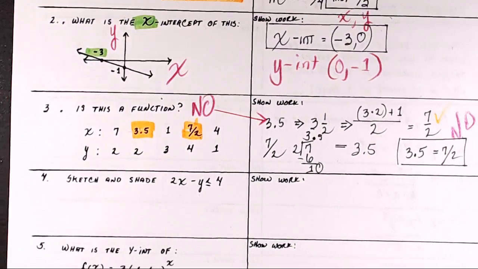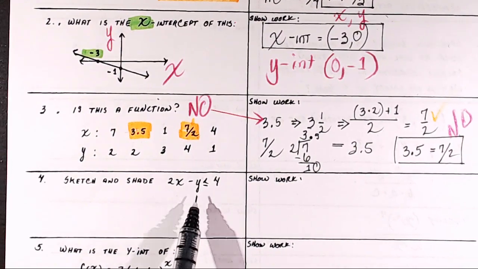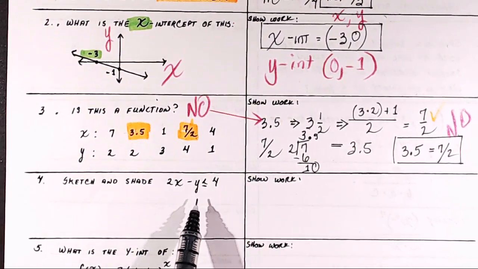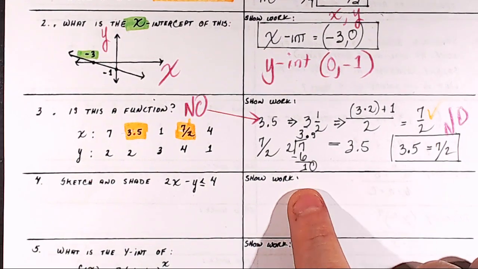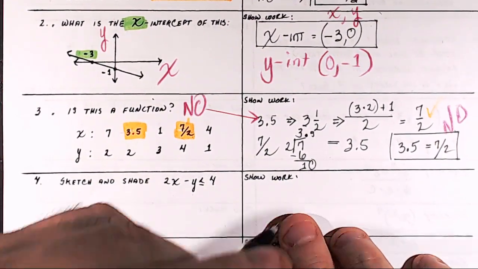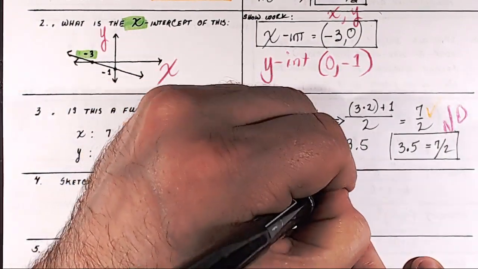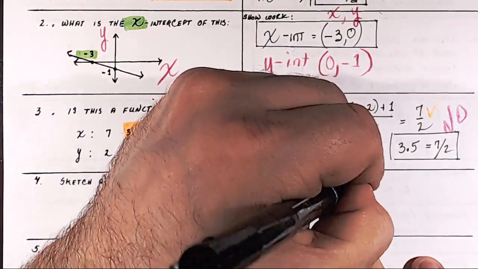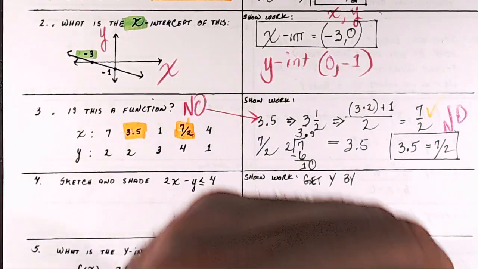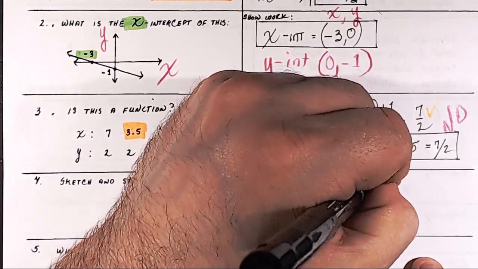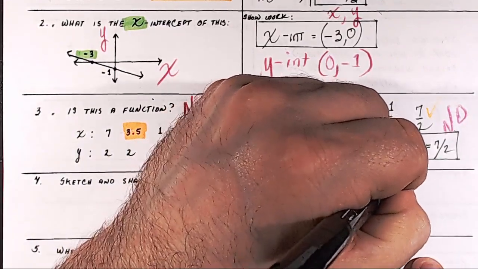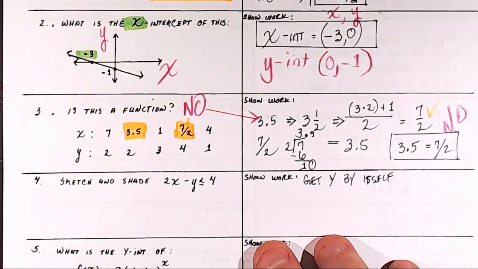Number 4, sketch and shade 2x minus y less than or equal to 4. So we're going to show work over here. Before I do anything, I have to get y by itself.